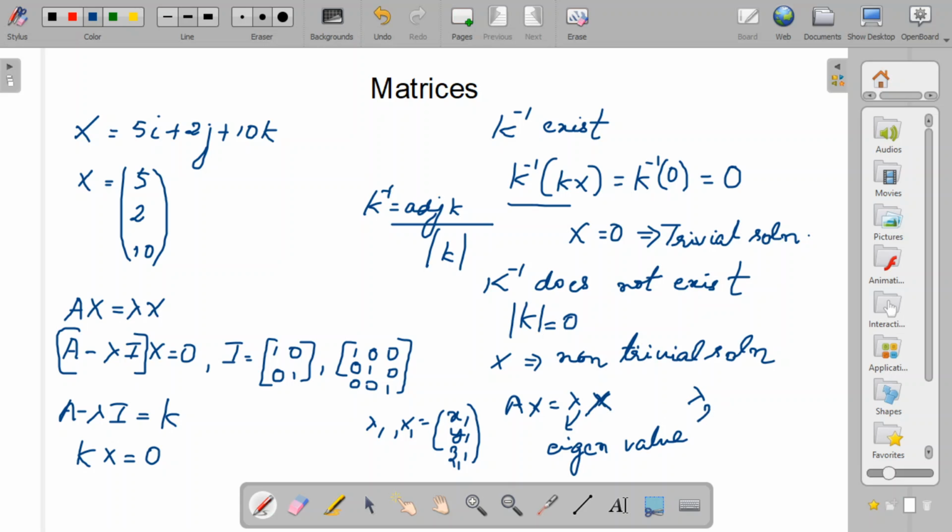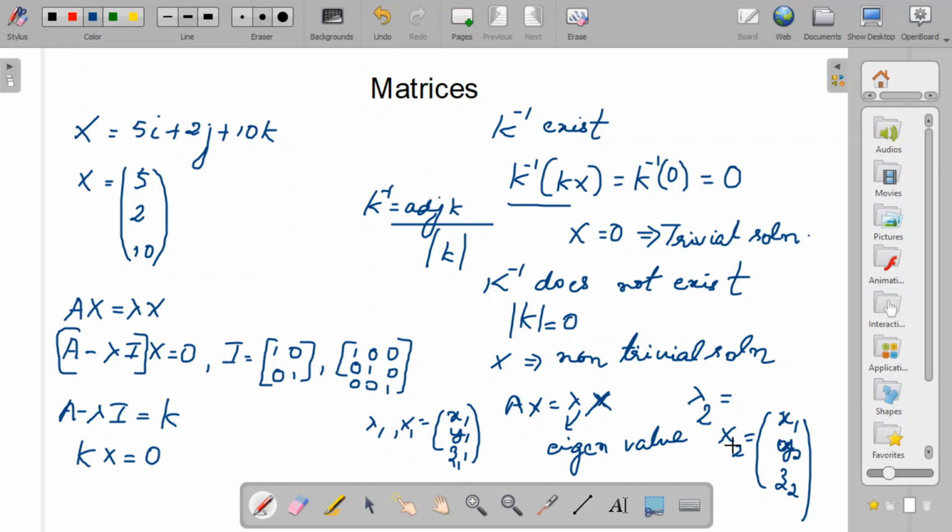Suppose I have another eigenvalue lambda 2 satisfying this equation. Then correspondingly there can be another vector, x2, y2, z2, satisfying the condition A x is equal to lambda 2 times x.